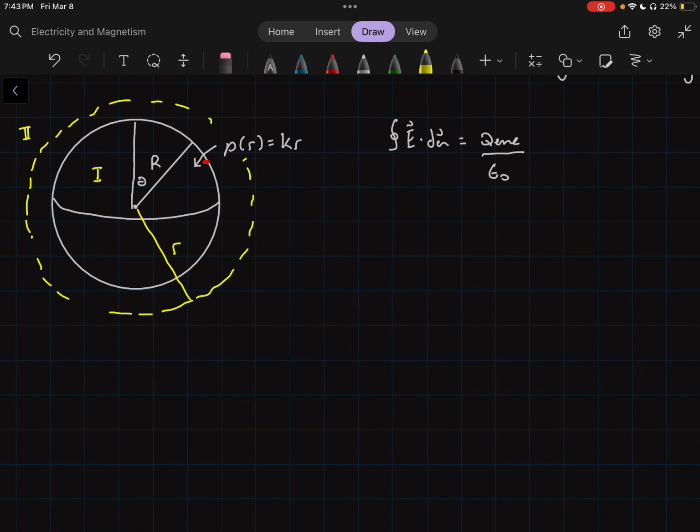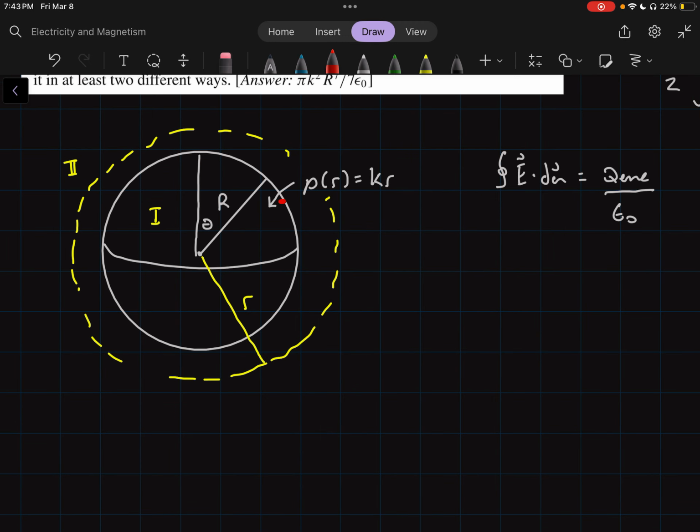So from this, we can make a symmetry argument and say if you take this little portion of the charged sphere here, this section right here creates a contribution to the electric field pointing this way. This one creates a contribution pointing this way.